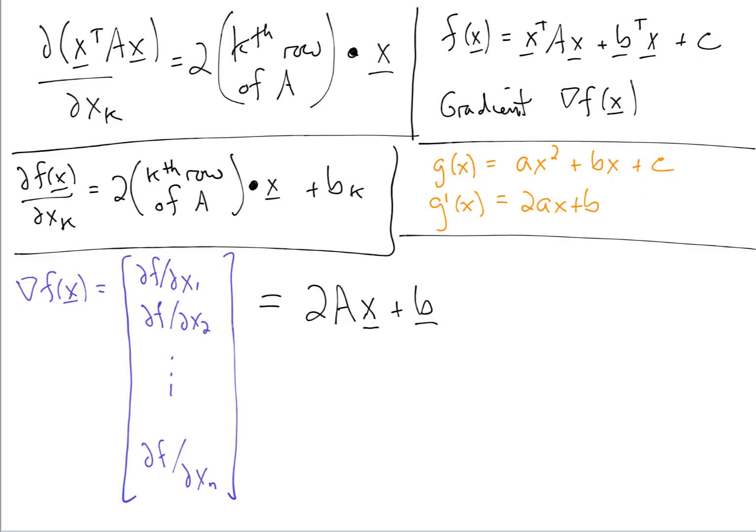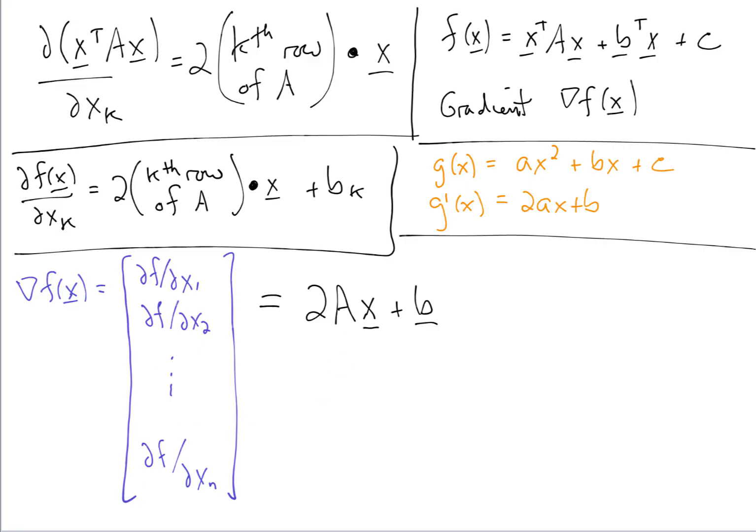But notice the parallel. Here we had 2ax. Here we have 2Ax. Here we had b. Here we have b. So we can see how this idea of the vector derivative of f, the gradient of f, for this quadratic function f mirrors the differentiation process that we learn in single variable calculus.